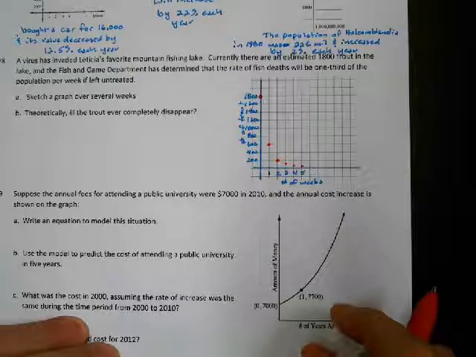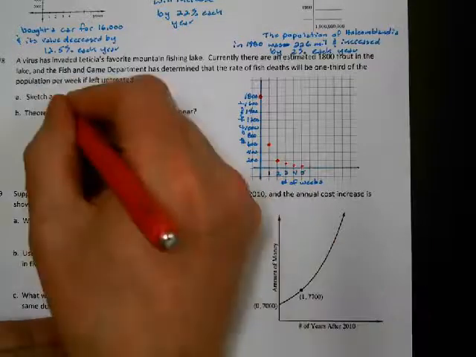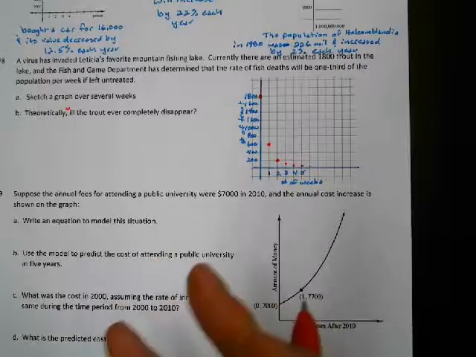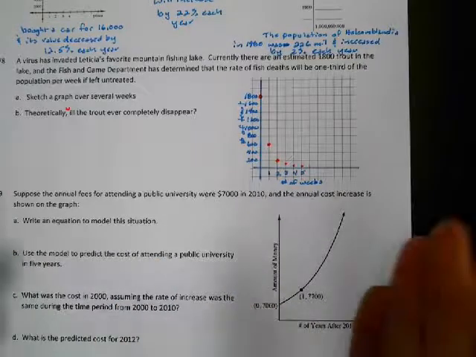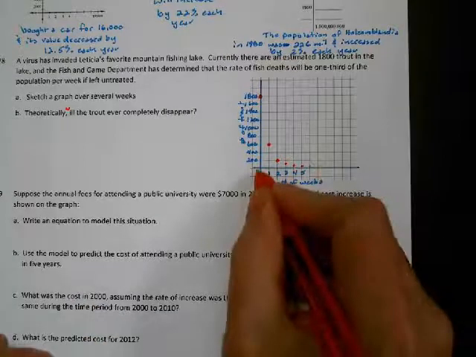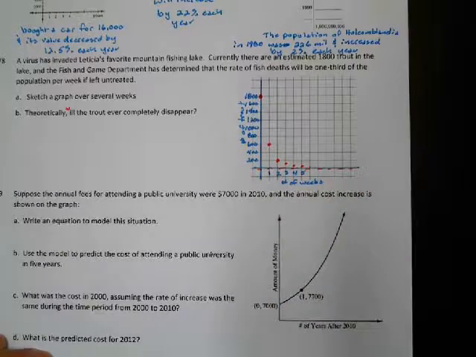All right, theoretically, will the trout ever completely disappear? Theoretically. Okay, in actuality, things are different from theoretical. This one, we would say no. Theoretically, because there is an asymptote here where we can never get to 0 trout.